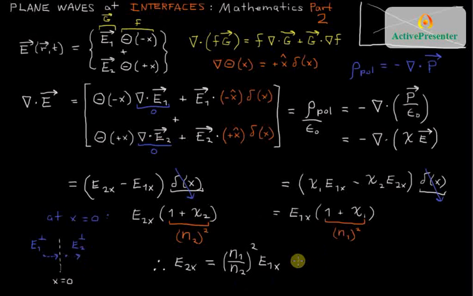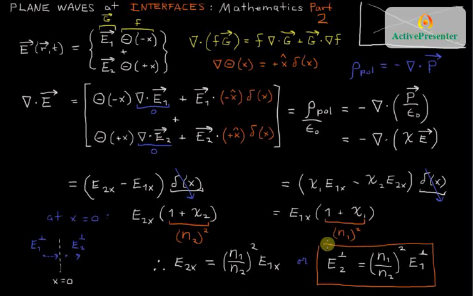I could simply rewrite the expression in a final, more universal form: the component of E2 perpendicular to the interface is equal to the ratio of the refractive indices squared times the left-hand side's electric field component perpendicular to the interface.